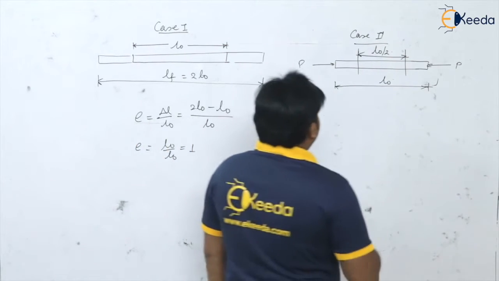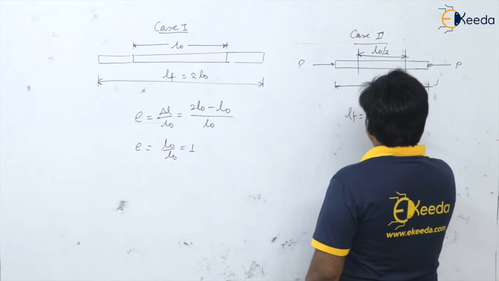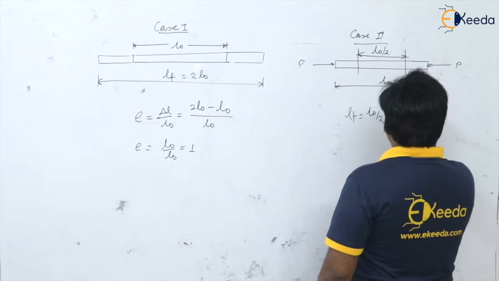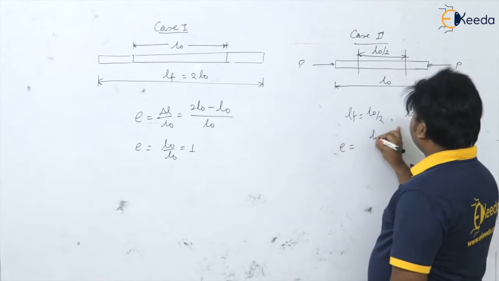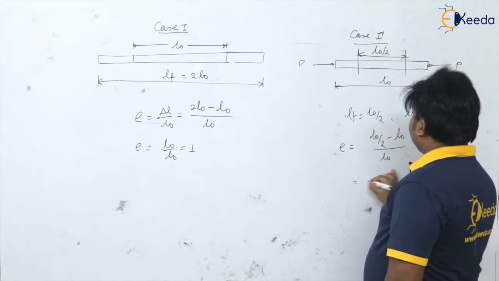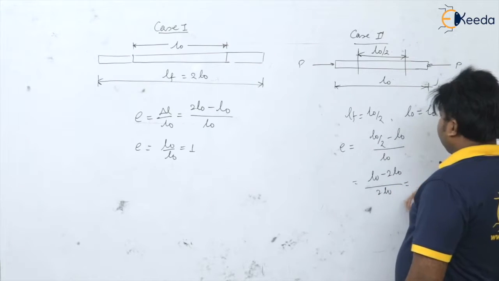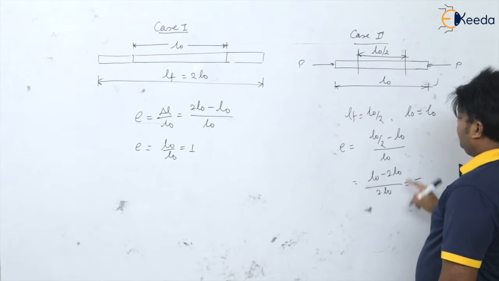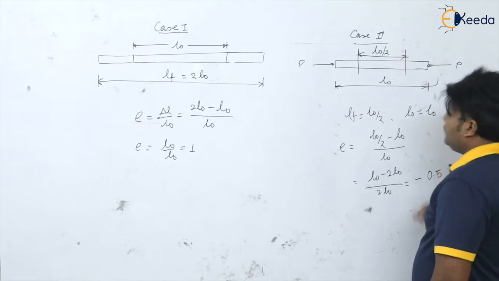Now here the final length was L original by 2 and original length is L original. So what is E here? Change in length, that is LO by 2 minus LO divided by LO. That is LO minus 2LO divided by 2LO, that is minus 0.5, isn't it?